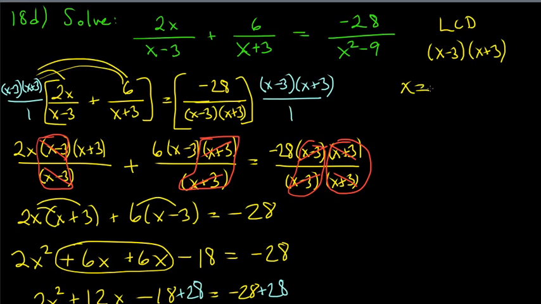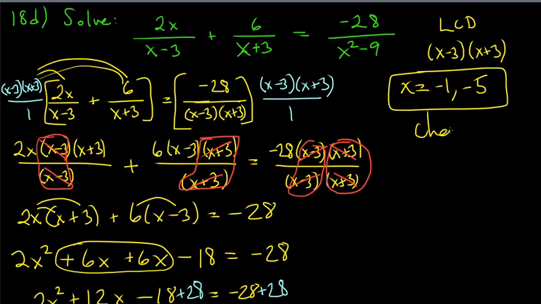So that's it. Now, I didn't check. You should probably check. For one thing, you should make sure that they're not the restricted values, right? The restricted values here are -3 and 3. But we didn't get those as our answers, so that's good.